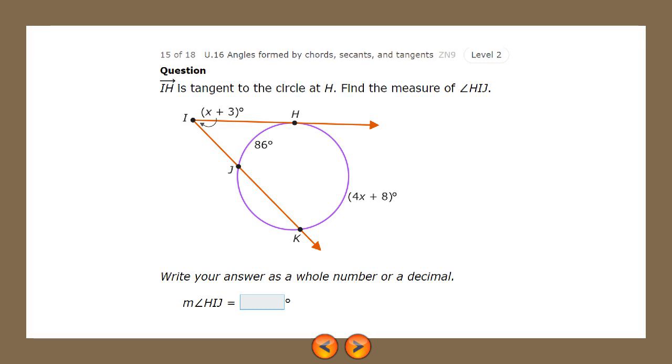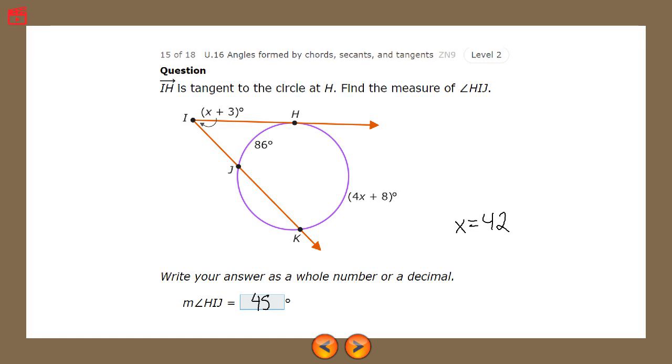As a quick note then, hopefully you've tried it out. In this process you should have hopefully found that x in the answer was 42, and that HIJ, your final answer, was 45 degrees.